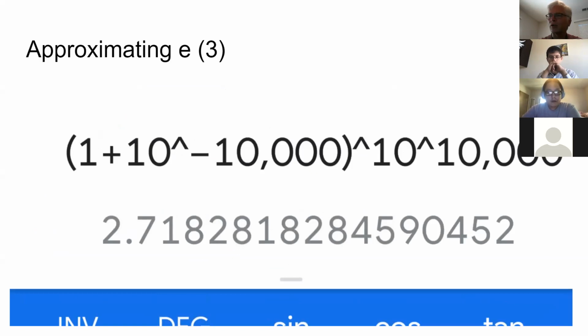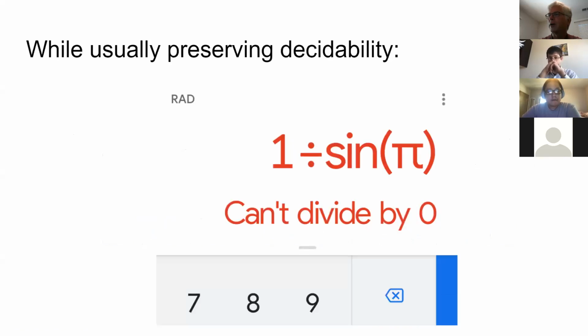We can in fact use larger values of n, and this is sort of near the limit of what the calculator will still support on a phone before running out of time. On the other hand, we can still get a reasonable decision procedure, which allows us to identify domain errors in the easy cases like this one.